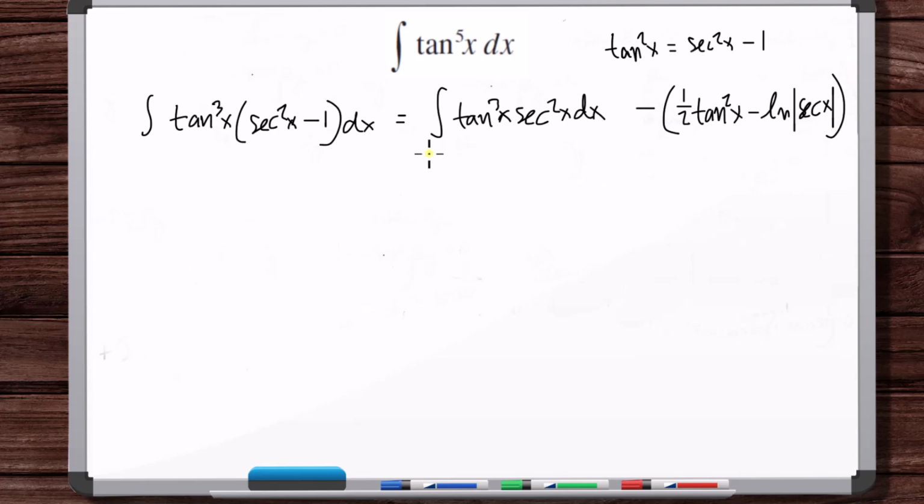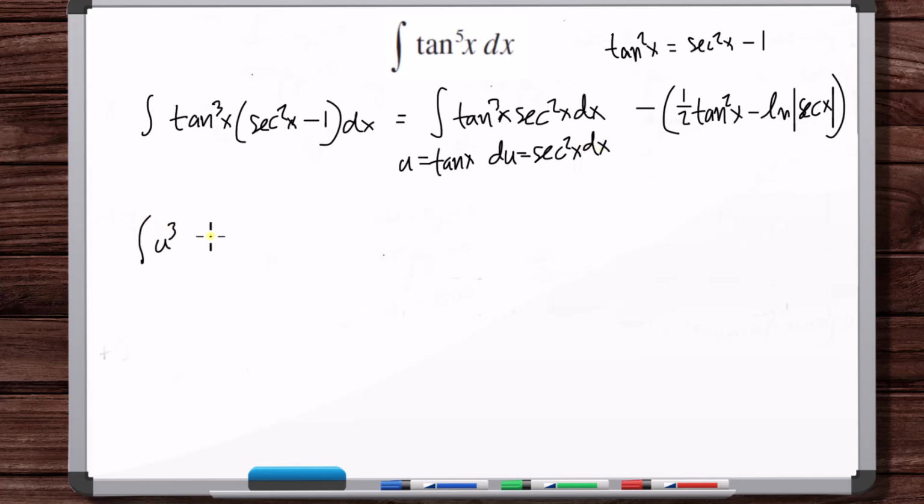Okay, so we just need to solve this. It's already in the right form. We just say u is equal to tangent x, therefore du is equal to secant squared x dx.